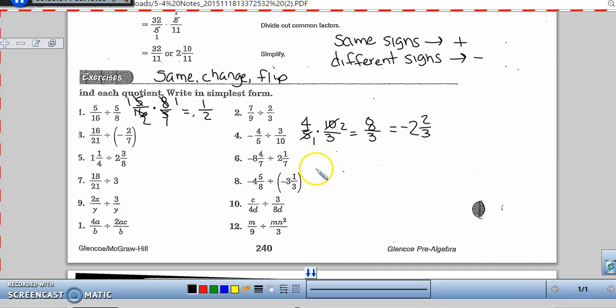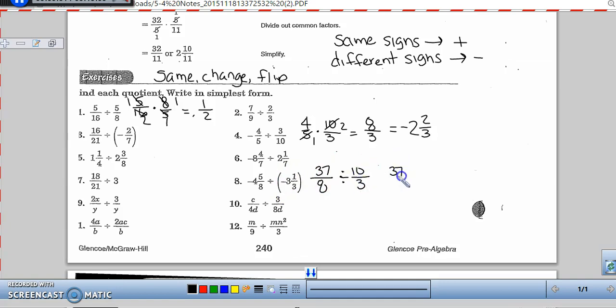Let's go down to number 8, do one with a mixed number. So let's change 4 and 5/8 into an improper fraction. So 4 times 8 is 32, plus 5 is 37 over 8. Not changing yet because we want to change them to improper first. I've got 10. 3 times 3 is 9, plus 1 is 10 thirds.